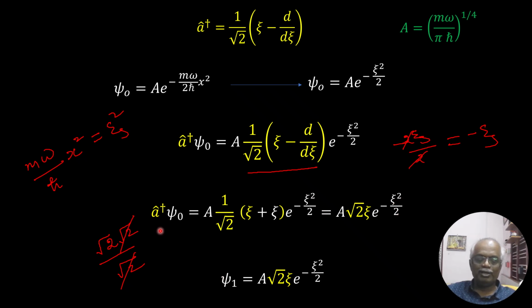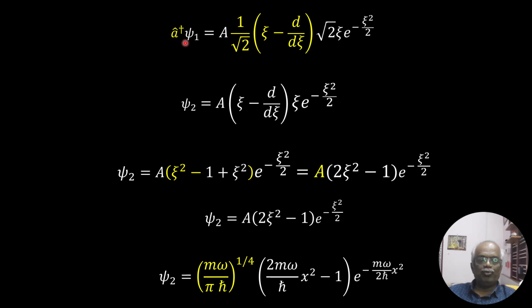So now when A dagger acts on ψ₀, it will produce ψ₁. So ψ₁ is equal to A square root of 2 z e to the power minus z squared over 2. Now we have found ψ₁.